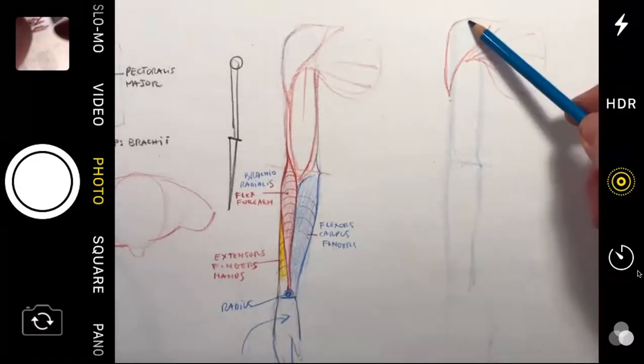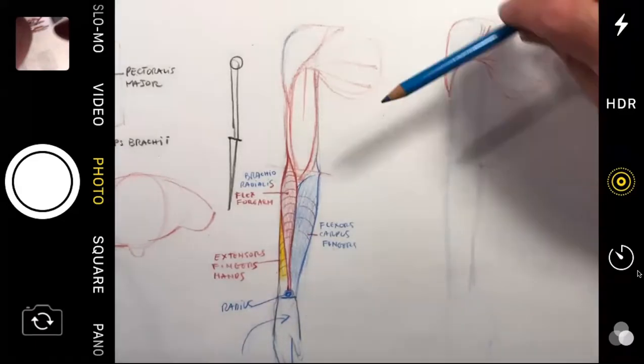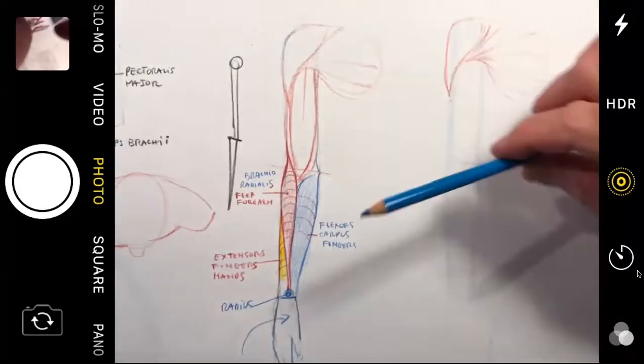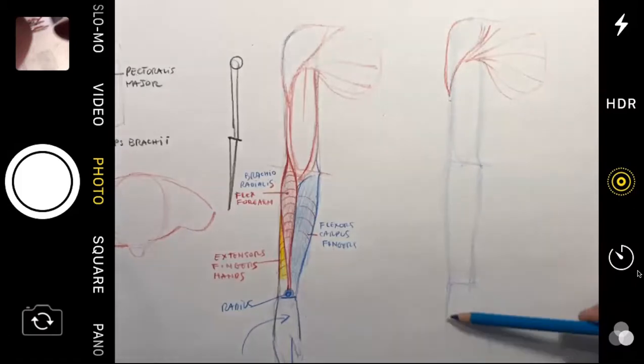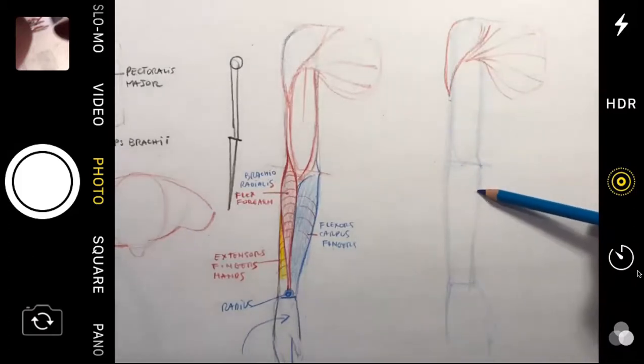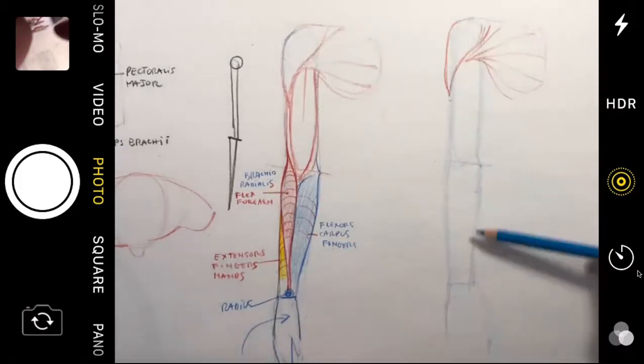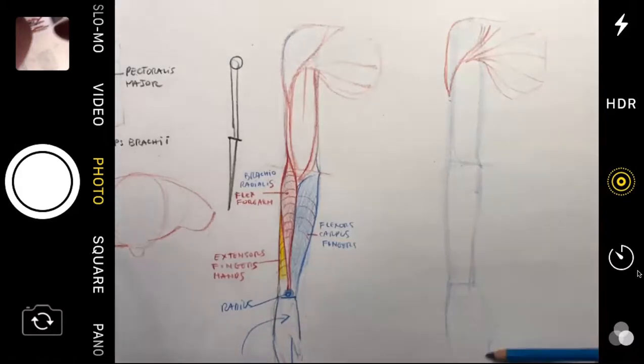So I make it a little bit shorter. And looks good. And then the hand is going to be pretty much the equivalent of this spacing here, and I bring the hand down like that.